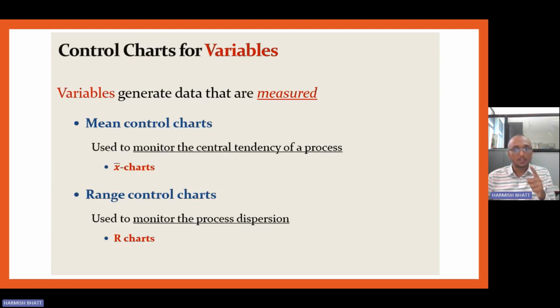So 7 plus 11 plus 15 divided by 3 will be equal to 11. So that 11 will be the value of the mean for sample 2. Likewise, the mean values are found for plotting the X bar charts, while for plotting the R charts, the ranges are identified.